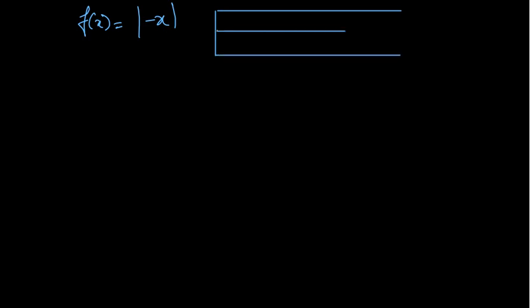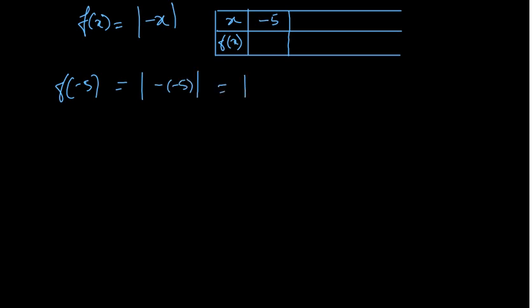We take different values of x and put the f of x value here. Let's suppose x equals minus 5. You get f of minus 5 equal to mod of minus 5, which is mod of 5, which is 5.